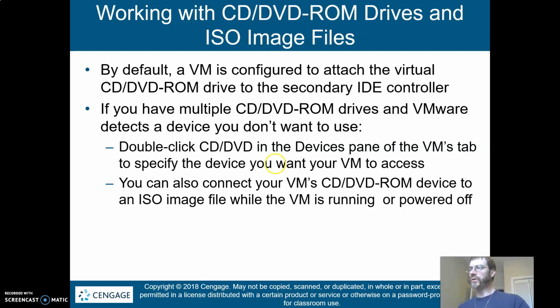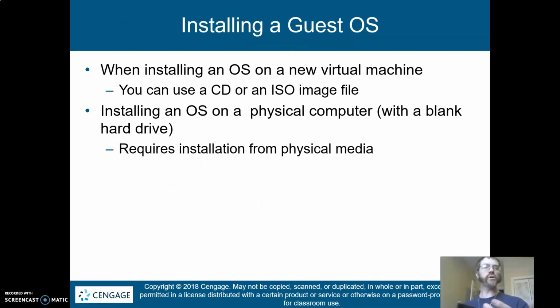Yeah, so on a new VM, when you're installing a new virtual machine, you can use either the CD or a disk image file. If for whatever reason, say DRM, you have to install from a disk because there's a key on that disk, you need a physical drive on the platform, like the little thin drives we have in the PowerEdge R630s in Room 220, or something that you can plug into the machine when you need it and not when you don't.